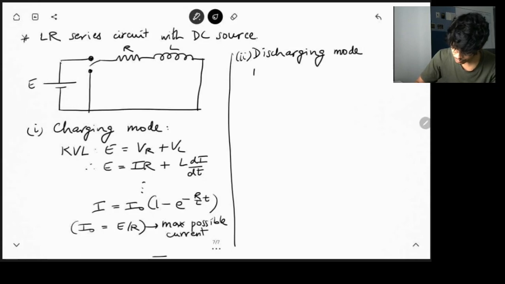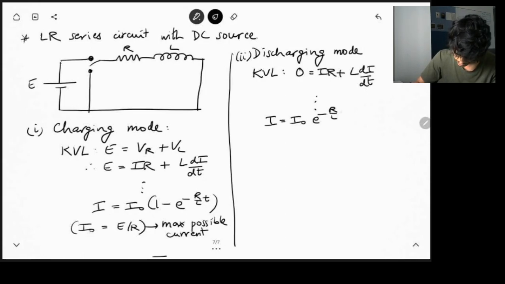In the discharging mode, again, Kirchhoff's voltage law will say 0 equals IR plus L di by dt. Solve it, and in the end, you will get I equals I0 e to the minus R by L t.